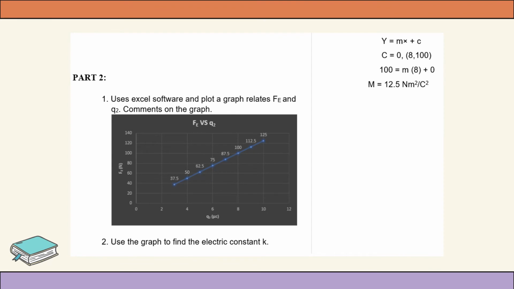For part 2, the first question, use Excel software and plot a graph relating F and Q2. Comment on the graph, and this is the graph that we had. The second question, use the graph to find the electric constant K. So we use the same formula, which is the straight line formula, and we get 12.5 Newton meter square over Coulomb square.